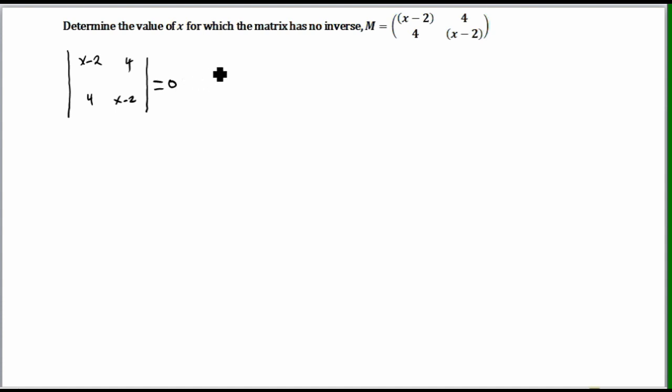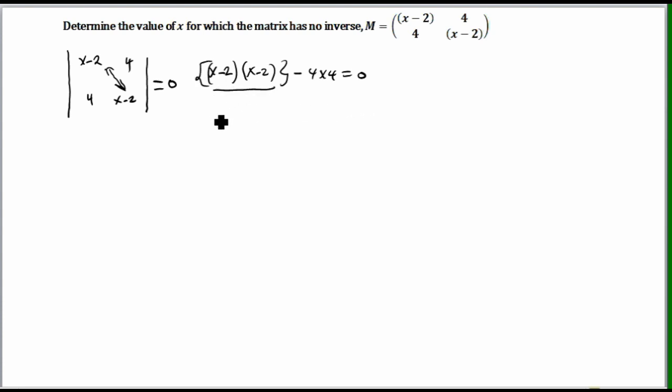And we know that to calculate the determinant, we get the product of the leading diagonal elements, then subtract the product of the other elements. That is x minus 2 times x minus 2, and then subtract 4 times 4, equals 0.